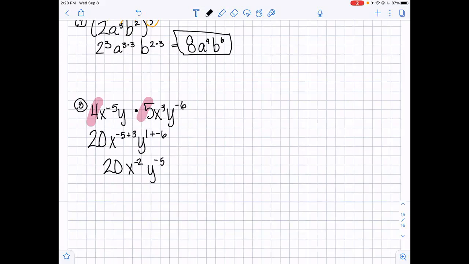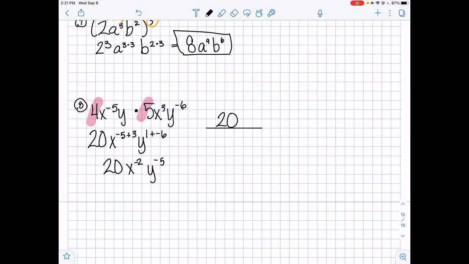Okay, am I done? No, we've got negative exponents, right? We got to fix that. So maybe 1 over. So wait a second. Is there anything wrong with 20? So I can leave that on the top. 20.